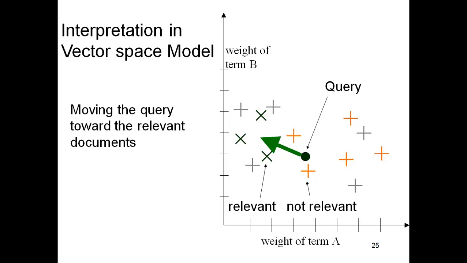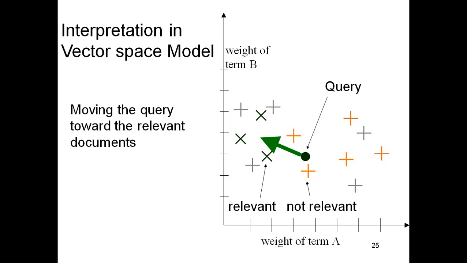Here first we have an interpretation of the relevance feedback in the vector space model. Basically, we could say that relevance feedback means moving the query more towards the relevant results. Let's assume these are documents that were judged as relevant.